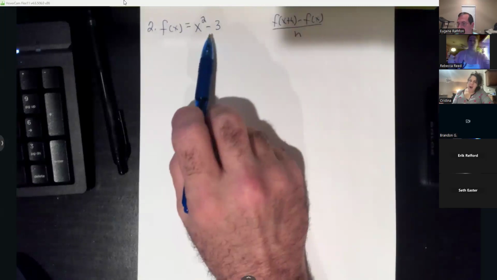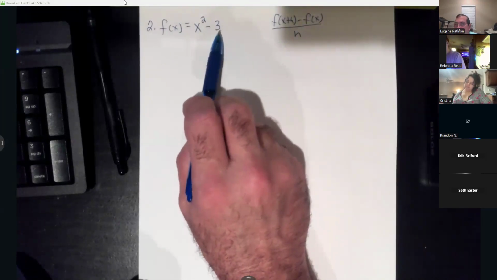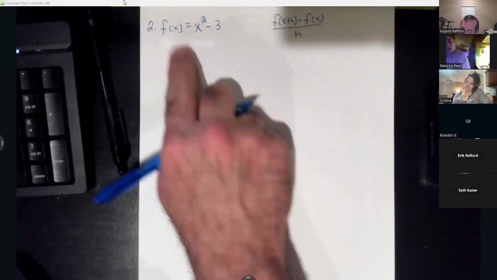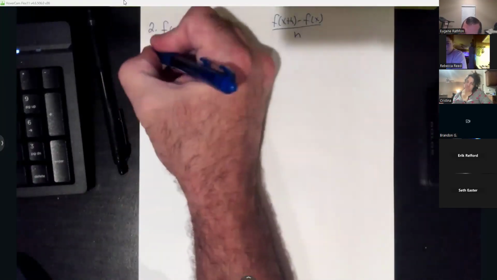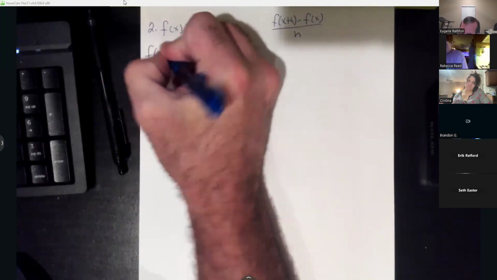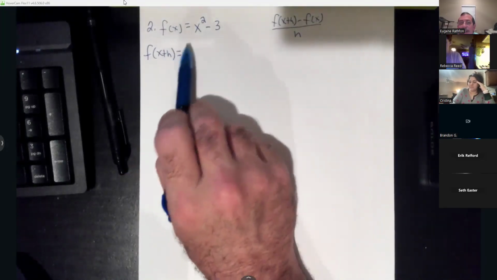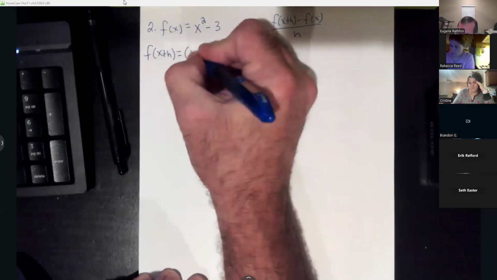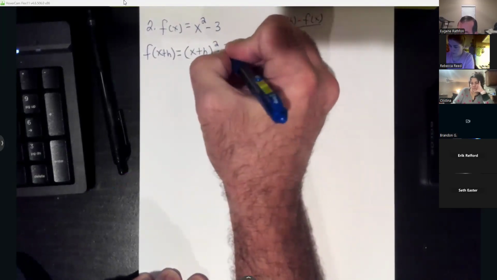Y'all might have plus a number, or it might be minus a number like mine, but it's really going to work the same way. So here's the thing: it's always an h on the bottom. So once again, we're going to find f of x plus h. We're going to put an x plus h in place of this x and square it. So we're going to have x plus h squared minus 3.